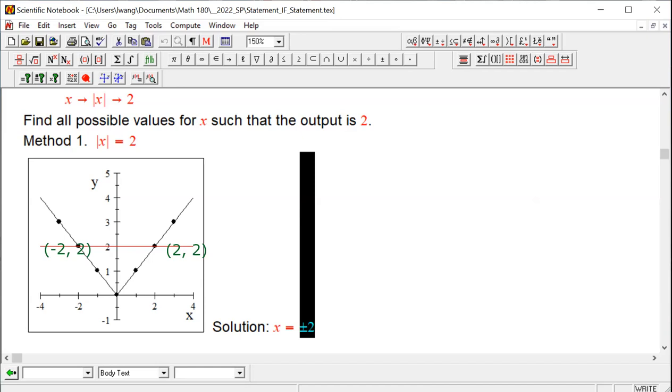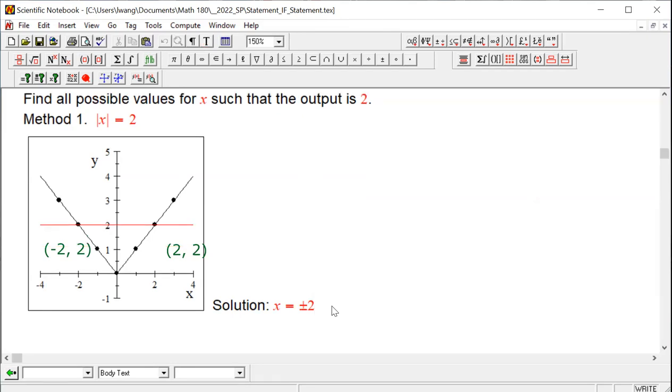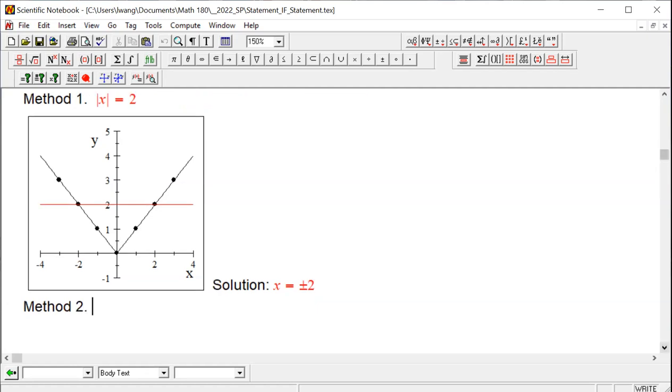This is the first method. And there's another method, which you have more likely seen before. Method number 2 is that we go by the definition of absolute value.